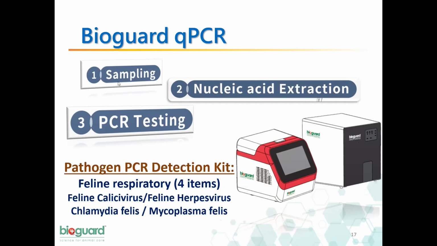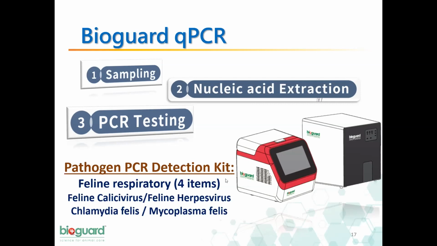The procedure is very similar to other PCR machines: we have sampling, then nucleic acid extraction, and then PCR testing. The benefit is, first of all, its small size, so it fits small clinics and hospitals. Second, it's a fully automated machine, so you don't need highly technical support. If you know basic molecular biology handling, the procedure will be easy to follow.